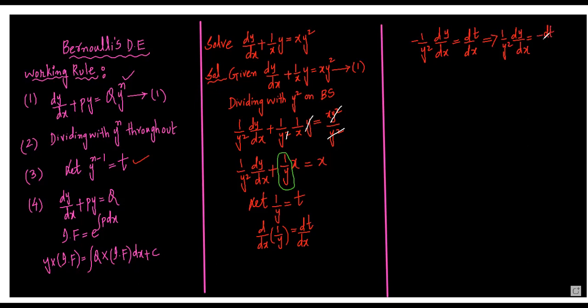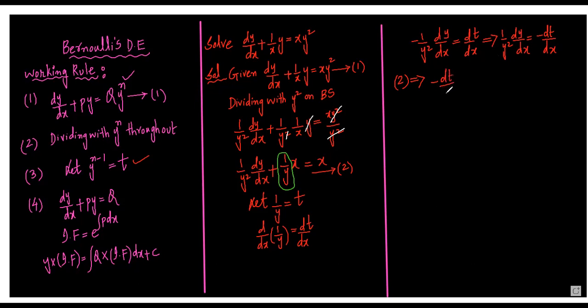If I am replacing all these values, what happened to this equation number 2? Can you tell me what happened to this equation number 2? Equation number 2 will be reducing to, tell me what? 1 by y square dy by dx value becomes automatically what?